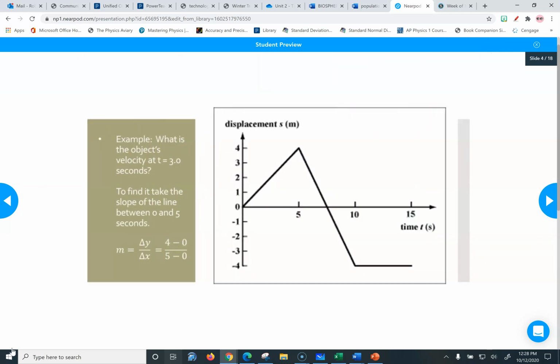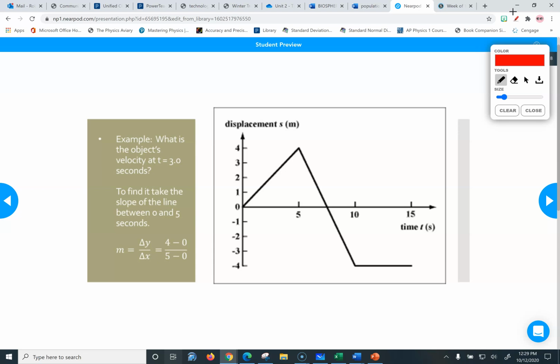So we just figured out the slope. You could actually go through and calculate the value for that. And if they ask you, for example, what is the velocity at 2.5 seconds? It doesn't matter if it's 0.1 or if it's 4.99999. All along that line is the same velocity.